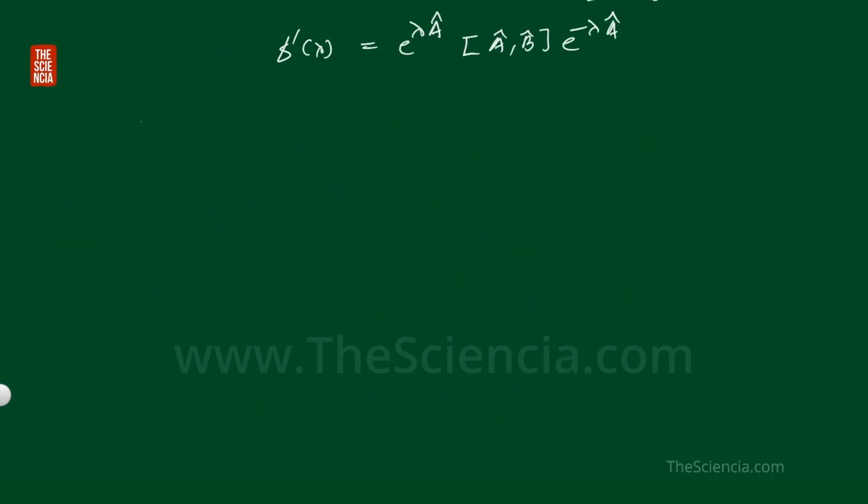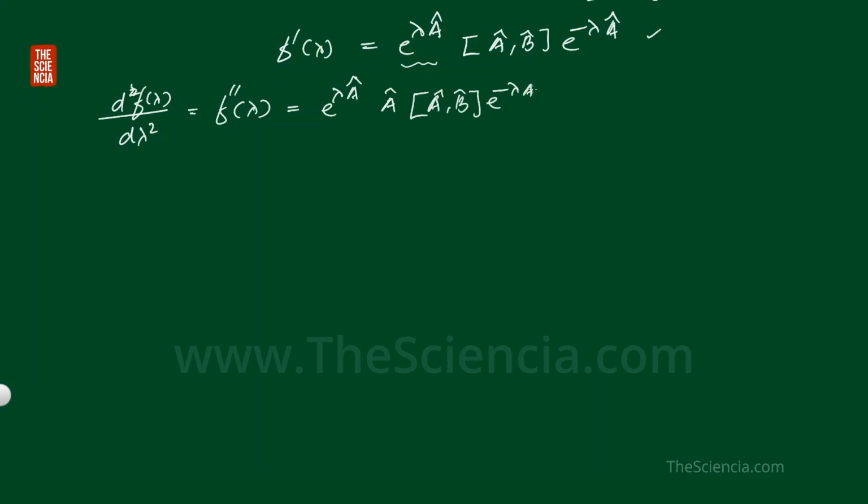Now again I am going to take its derivative, that is d square f of lambda by d lambda square, which I am representing as f double dash of lambda. So we have to take the derivative of this function. We take the derivative of the first function, e raised to lambda a. The derivative of lambda a with respect to lambda is a, into commutator ab e raised to minus lambda a.